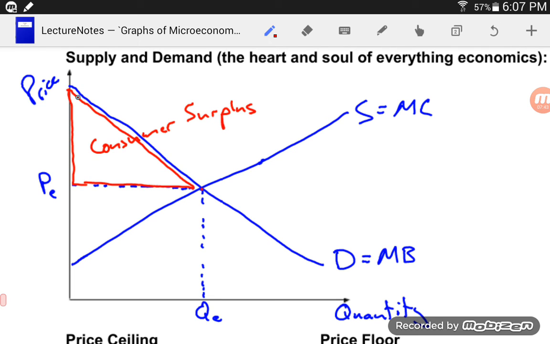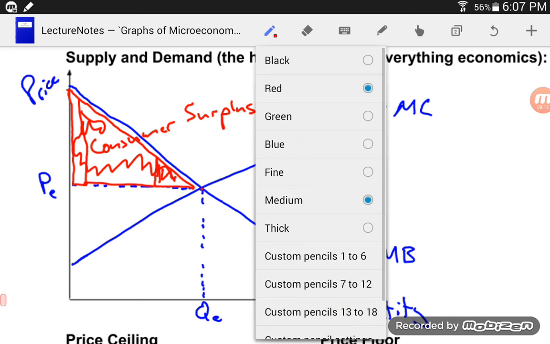Well, that's because somebody up here was willing to buy one at this price, and they only have to buy it at this price down here. So they were willing to pay that, and they only had to pay that, so that's a great deal. Over here, maybe there was somebody who was willing to pay this much for whatever this good is, but they only had to pay that market equilibrium price, so they got a good deal. Maybe not as good of a deal, but a good deal, and so on. So if we add up that whole area, that's what we call the consumer surplus.